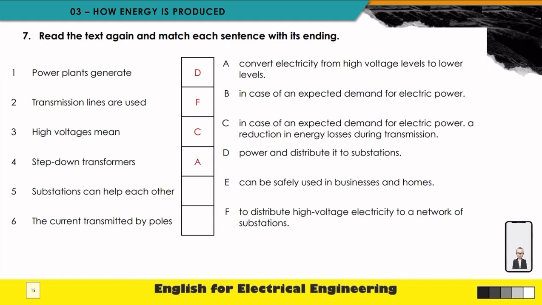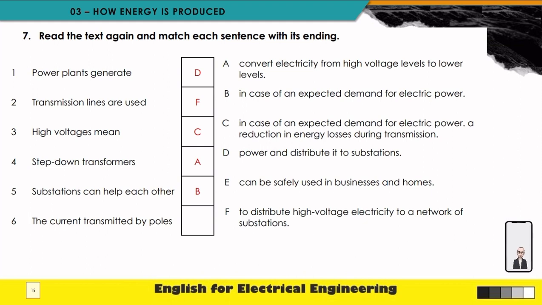Step-down transformers convert electricity from high voltage levels to lower levels. Substations can help each other in case of an expected demand for electric power. Shouldn't it be unexpected demand? In case of an unexpected demand.